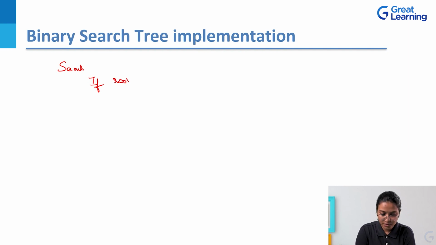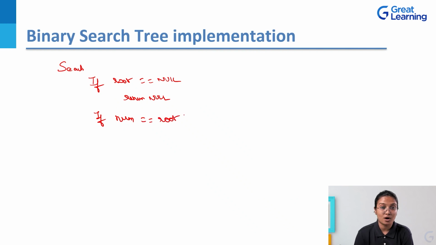If root node is equal to null, it does not have any value, then we will return null. If the number, the value or the data, I'm taking number here, whatever the user inputs, is equal to the root, if the values of root and the input number are the same, then you have to return root only.